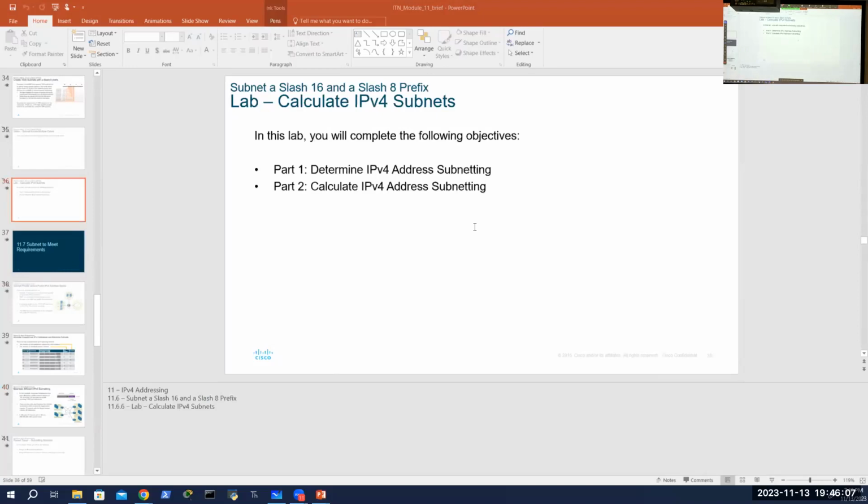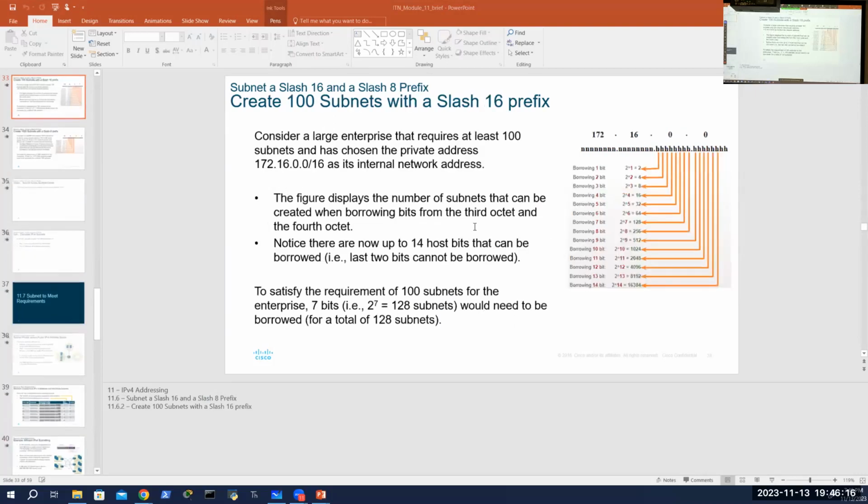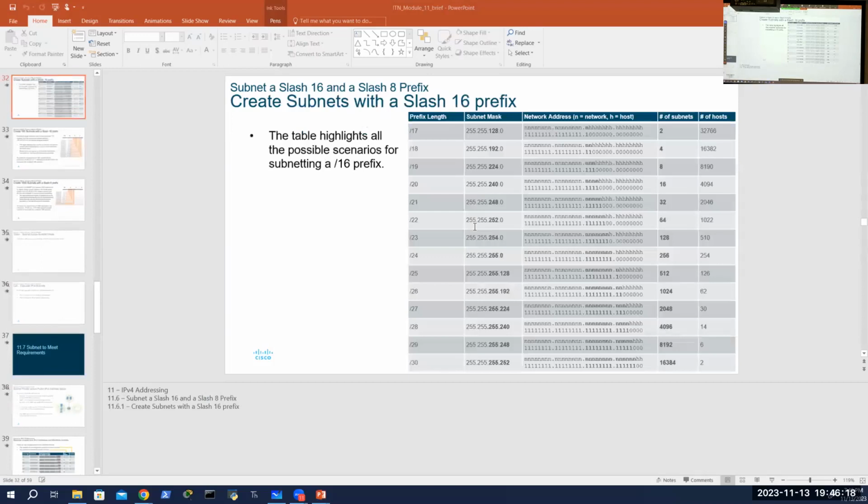Okay, so which one are we talking about? What's the table, what slide? It's above, it's before that. Right there. Okay, so what this is saying is your original was /16, whereas in the problem I just did, the original subnet mask was a /24, 255.255.255.0.